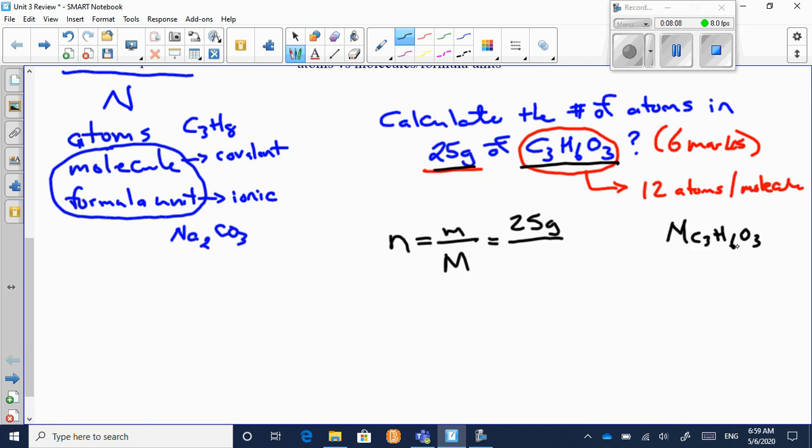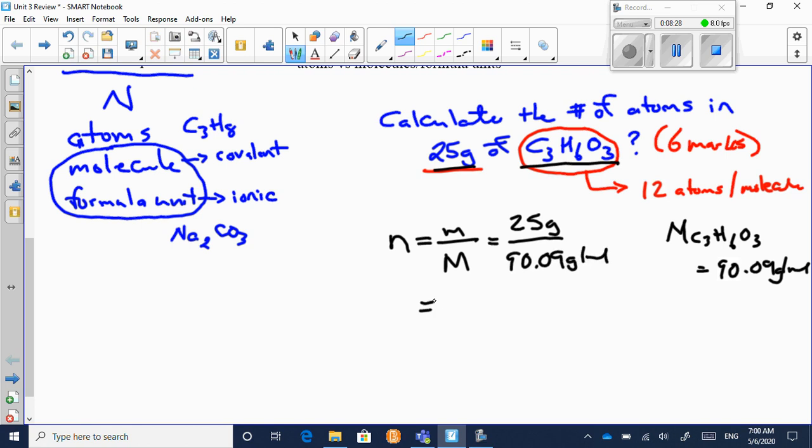I've already done it, so I'll tell you it's 90.09 grams per mole. Basically that's 3 times 12.01, 6 times 1.01, and 3 times 16. So that goes there, 90.09 grams per mole.